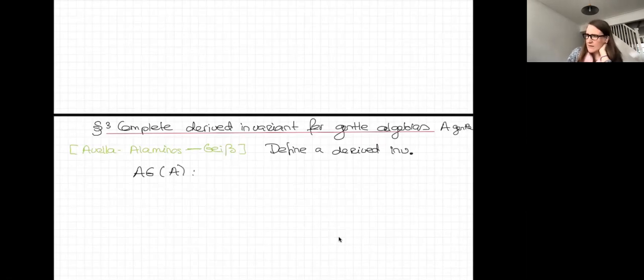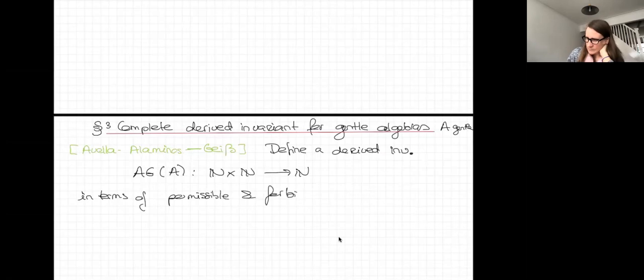AG of A is a map from N cross N into N, defined in terms of permissible and forbidden threads.